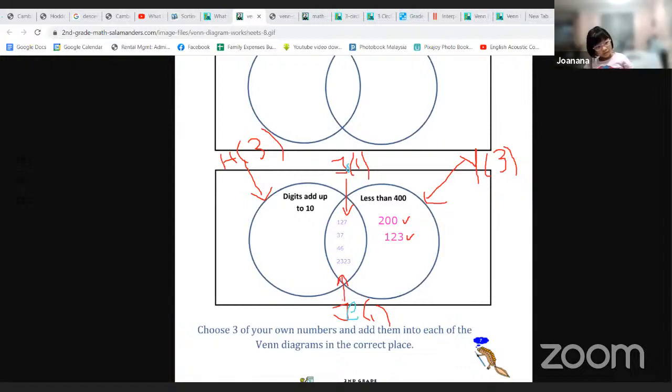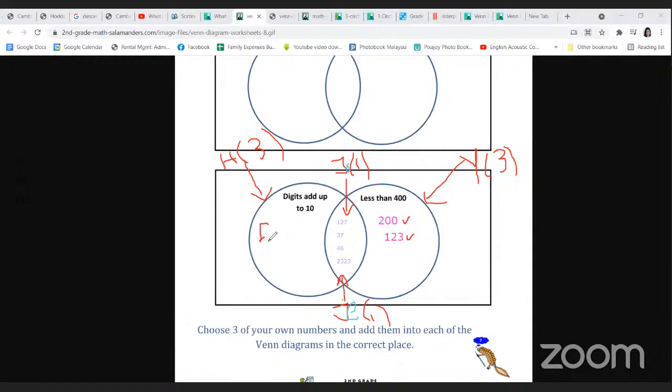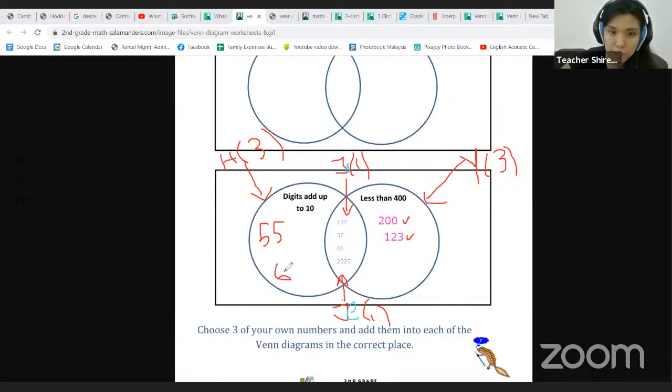Done. Harold. Okay. So I just don't know. Okay, so any number to add up together to become 10: 6, 4, 1, 9, 2, 8, and so on and so forth.